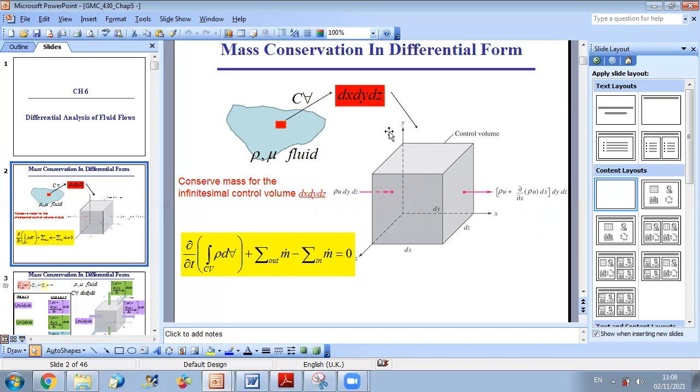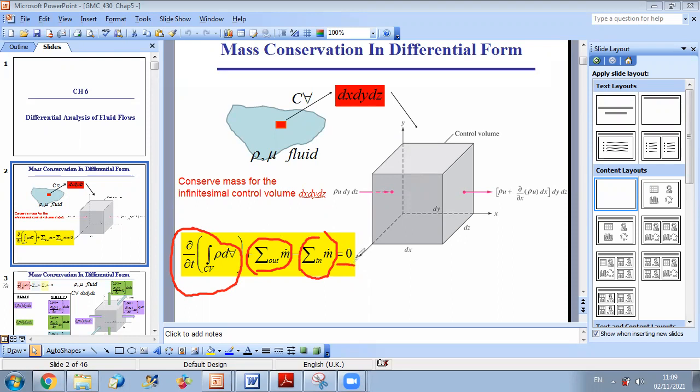To start with, if you want to apply conservation of mass on the micro scale, we still apply the same relation that we have seen before, which is that the transient variation of mass in the control volume, which represents accumulation or loss of mass, plus the sum of m dot out, representing all fluxes getting out of the control volume, minus the sum of m dot in, equals 0.